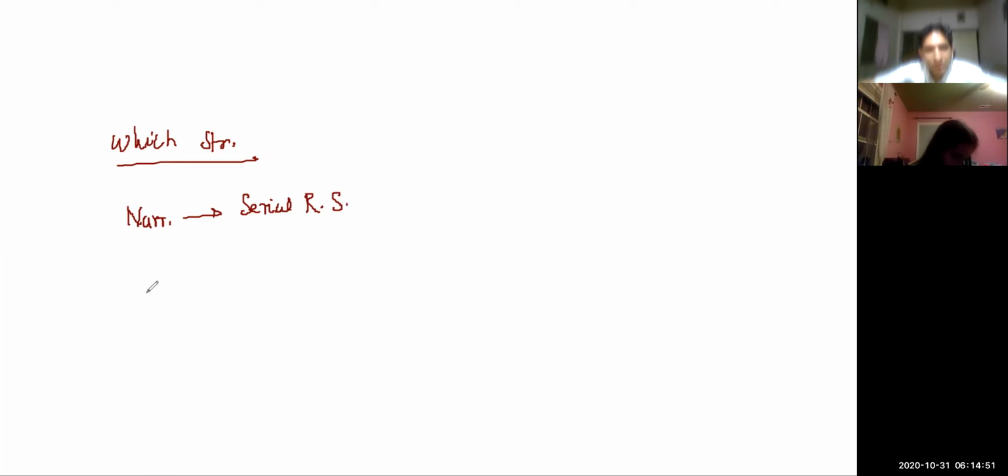Now, which strategy to apply for which passages? This is the question. For a narrative passage, you should apply the serial reading strategy. For the narrative passage, you have to use the serial reading strategy.